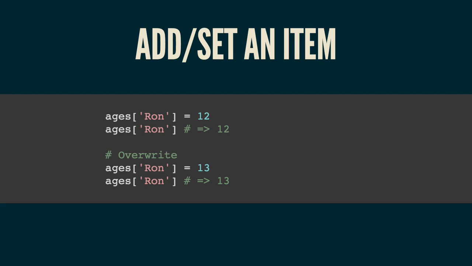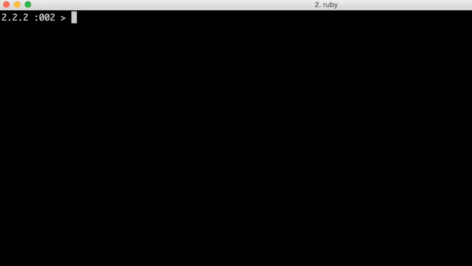We can add or set an item in a hash, and they behave in much the same way. The only difference is that when there already is an item existing in the hash, we're going to overwrite it. Otherwise, we're going to add a new item. So let's look at this in a little more detail. Imagine we have a hash called scores, and in it I'm going to store some basketball scores.